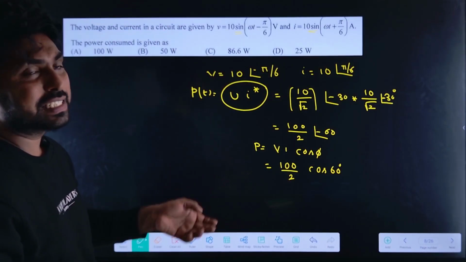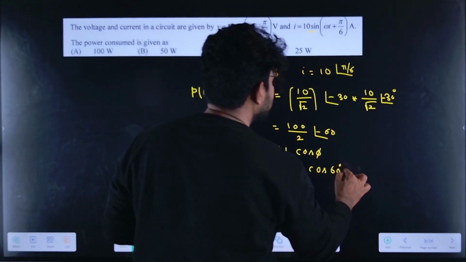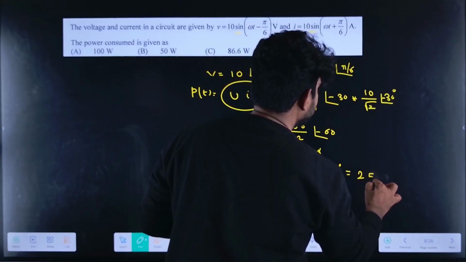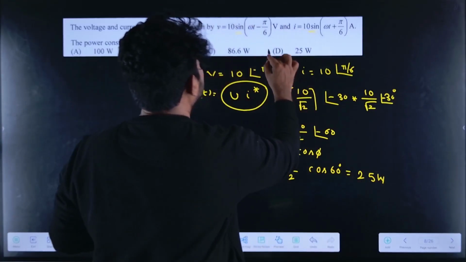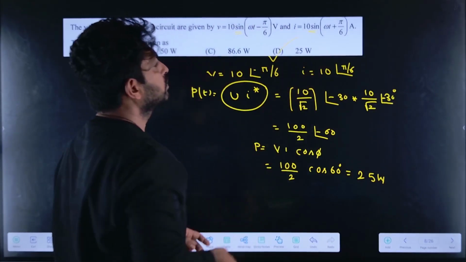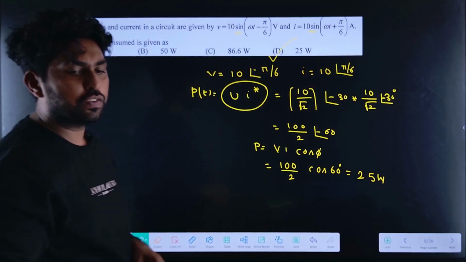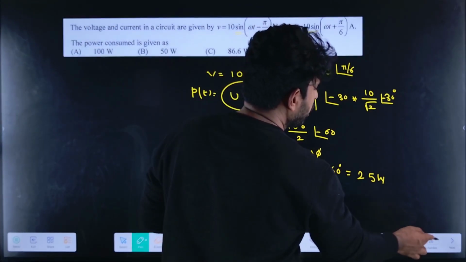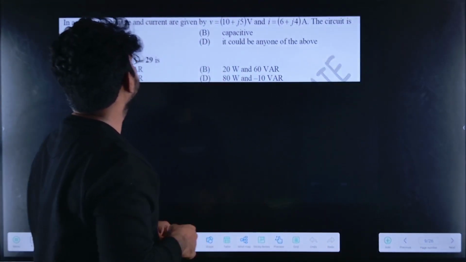What is the cos 60 value? 1 by 2, so it is 100 by 4, which is equal to 25 watts. So the answer is 25 watts. Next, let us solve the next question.